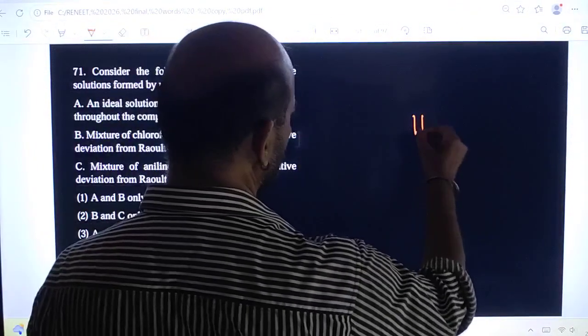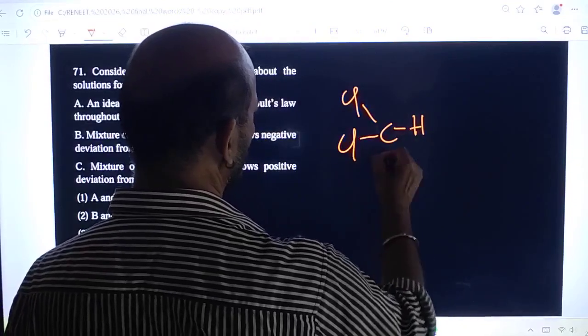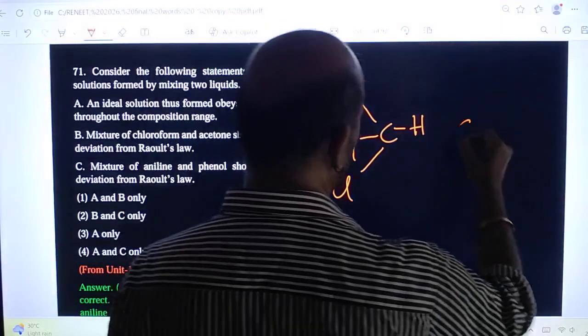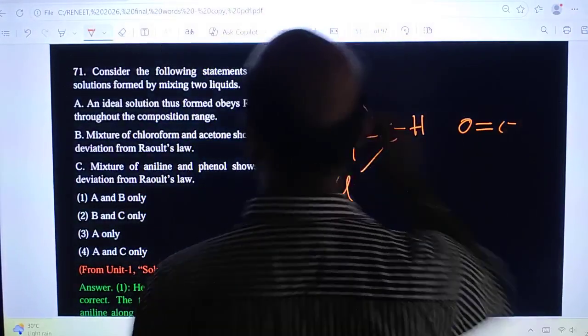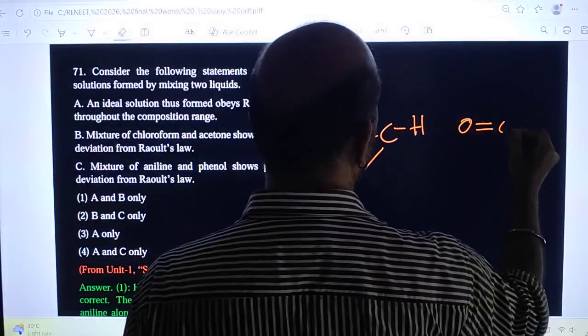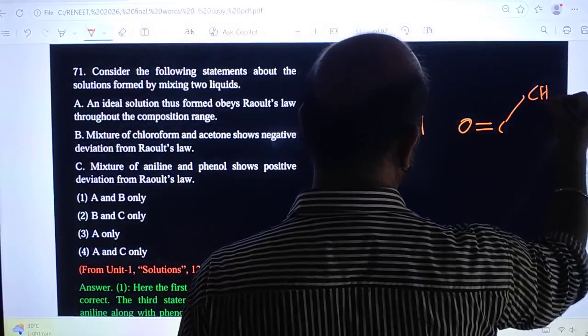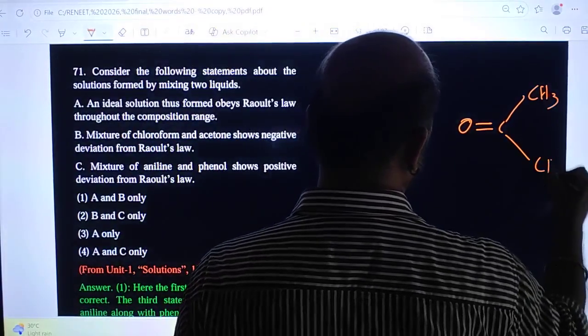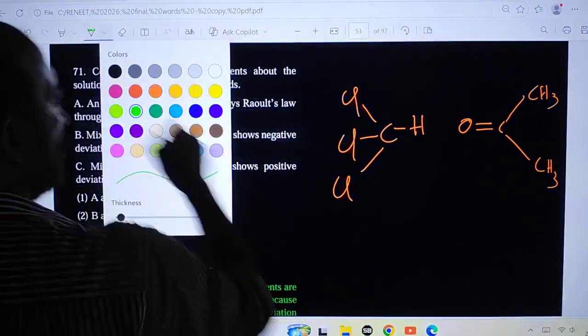Chloroform, CHCl3, and acetone, O double bond C, CH3. You know that between these two, hydrogen bonds can be formed.